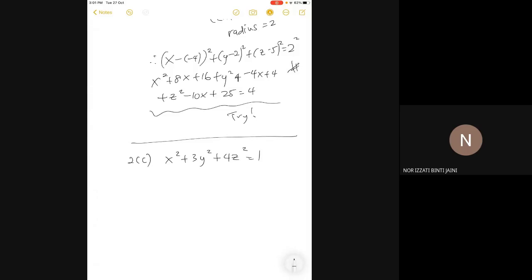Okay, it looks like it is a sphere. However, it's not a sphere because the value of y and z, the constant of y and z, dia bukanlah apa ni, satu kan. So dia sebenarnya radius dia dah berlainan. Kesemua radius adalah berlainan.